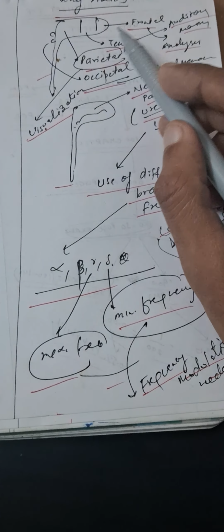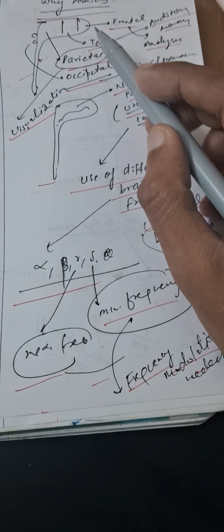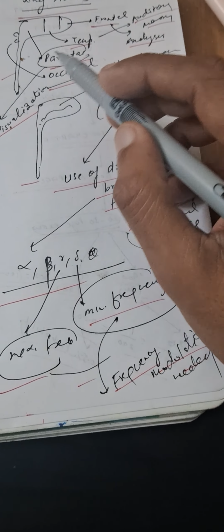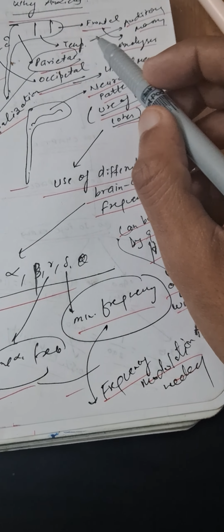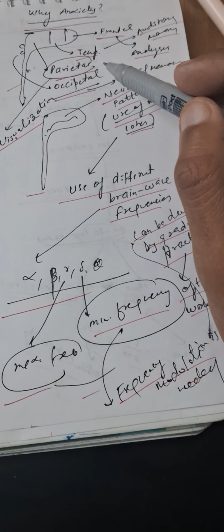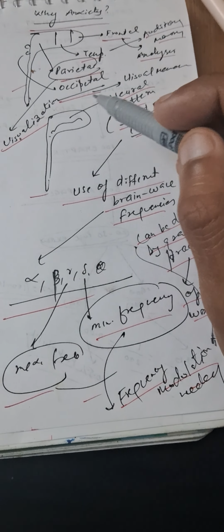As you must be knowing, suppose this is the human brain, the largest part is the cerebrum, and the cerebrum is composed of four lobes: the frontal, temporal, parietal, and occipital. The frontal lobe is used for analysis, the temporal lobe for integrated information and auditory information, the parietal for visualization, and the occipital lobe for processing visual information.